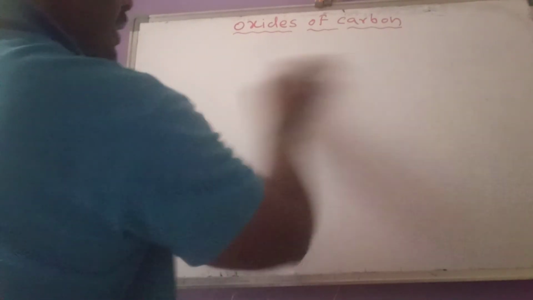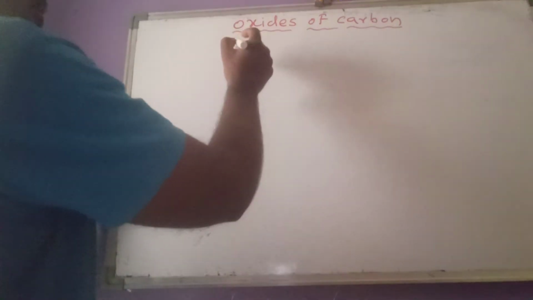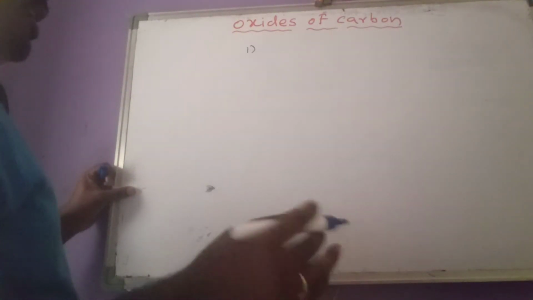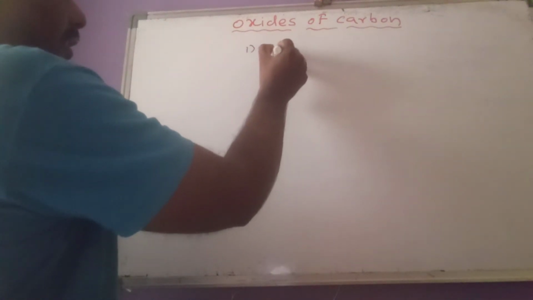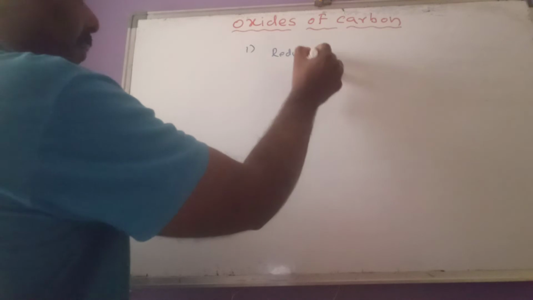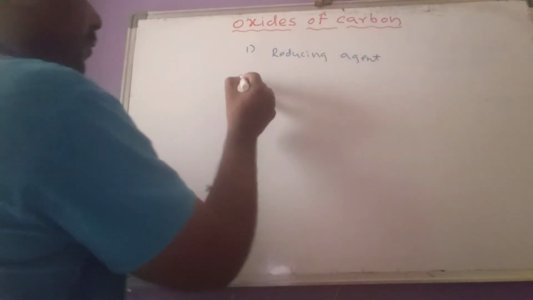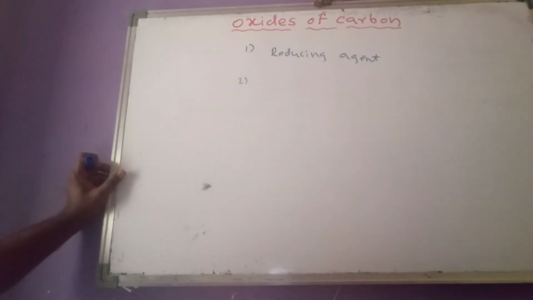Now let us see the uses of carbon monoxide. What are the uses here? Carbon monoxide is used as a strong reducing agent in metallurgy for the extraction of metals. That is one of the important uses of carbon monoxide.